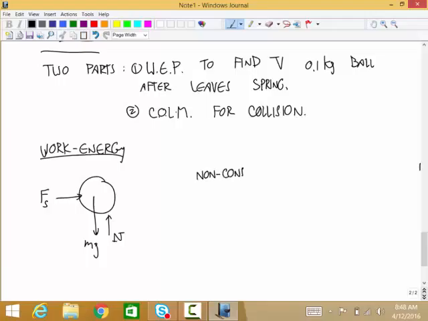The non-conservative forces are just the normal force. So that means that there's no work done by non-conservative forces because the normal force never does work. The conservative forces are mg and the spring force.